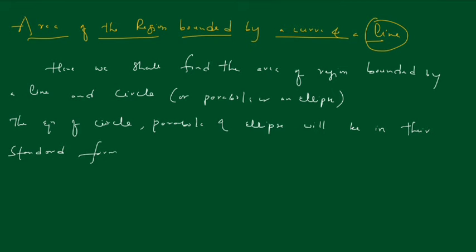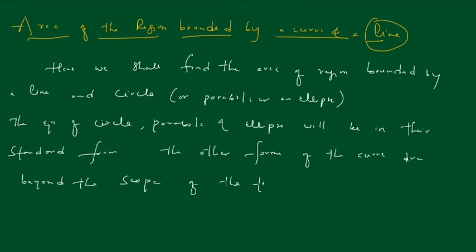So the other forms of the curve are beyond the scope of the text. Usually what we get here are standard forms only: circle, ellipse, parabola and hyperbola, with a line. For example, I'll show you.